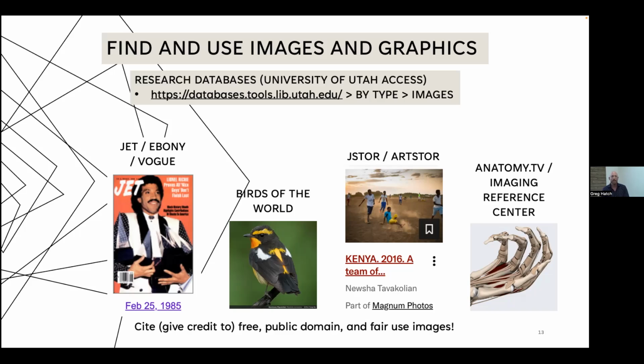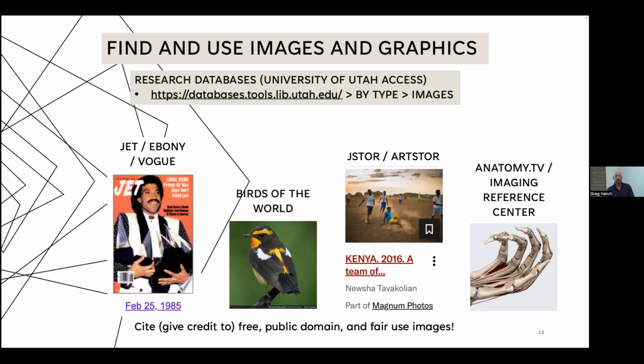We have many, many more arts and humanities oriented magazines that are available in a digital format at the Marriott Library. Birds of the World is a database that focuses on ornithology in particular and has really great, detailed photographs of the various specimens.